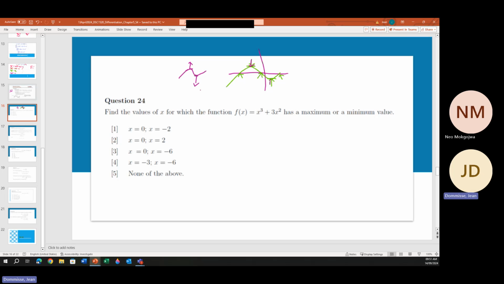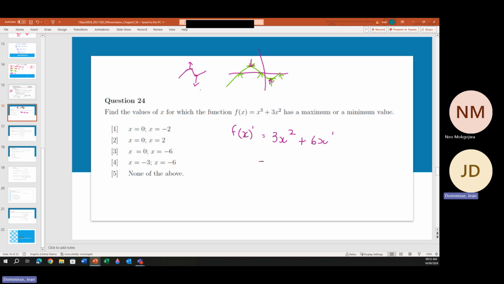So when we look for the turning points, we will need to differentiate. First differentiation: x to the power of 3 becomes 3x to the power of 3 minus 1, so to the power of 2. Then we have the 2 goes in front, so 2 times 3 is 6. 6x to the power of 2 minus 1 basically is 1.